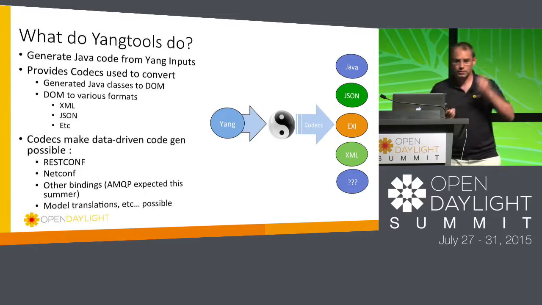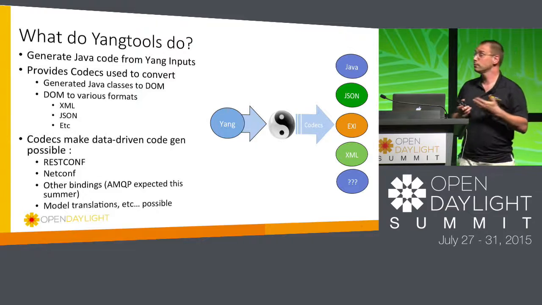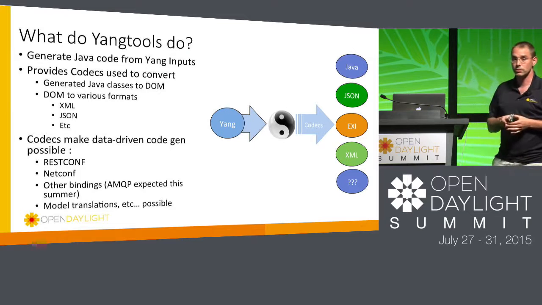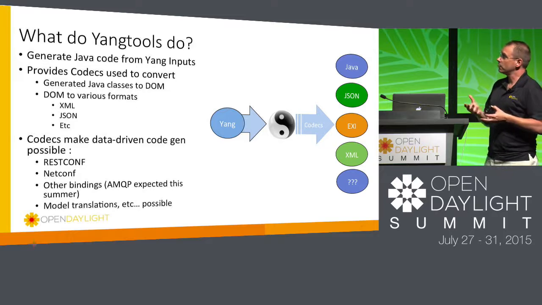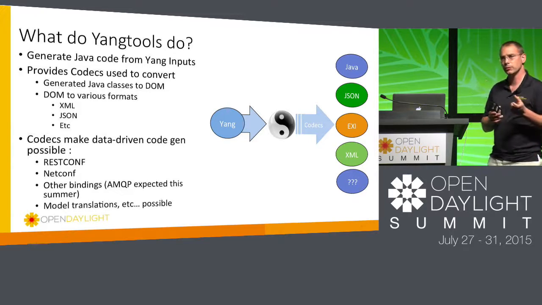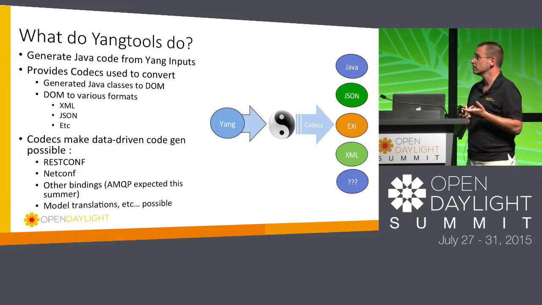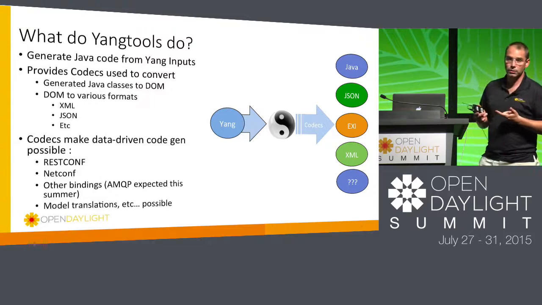What's also cool about this is that the codecs are data driven, right? So you're taking Yang, which is data, and generating various interfaces from that same input, which is really cool, because prior to this, we had to do all this stuff by hand.